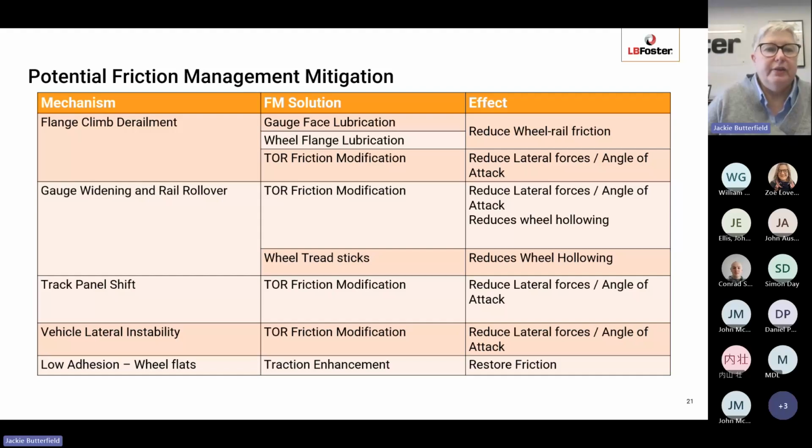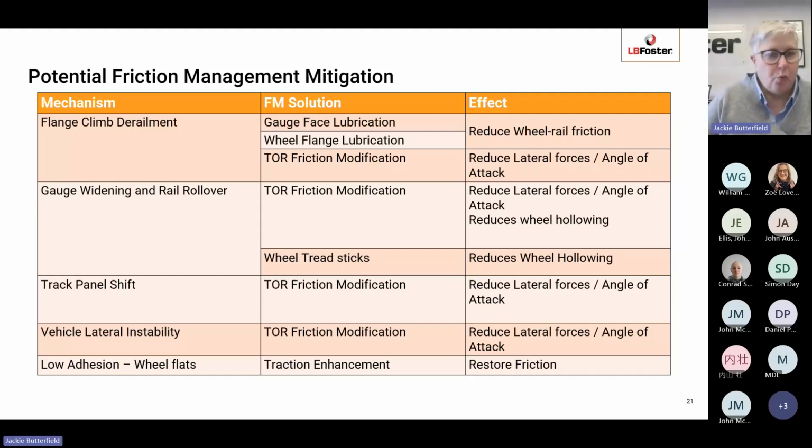And likewise with gauge widening and rail rollover, top of rail friction modification or wheel tread sticks can help with that mechanism. Track panel shift, friction modification again can help in reducing the lateral forces, as with vehicle lateral instability. And obviously low adhesion wheel flats, you're looking at traction enhancers.